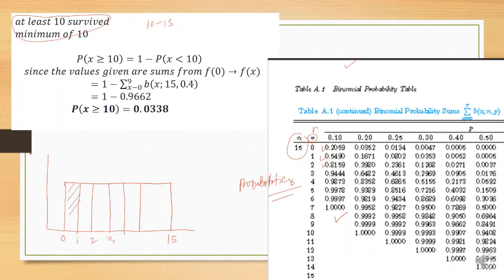Halimbawa, ito yung area of the rectangle, no? This is going to represent as the probability of the experiment. So, dito, area ang ating tinitignan. Dito, are actual probabilities. Okay?